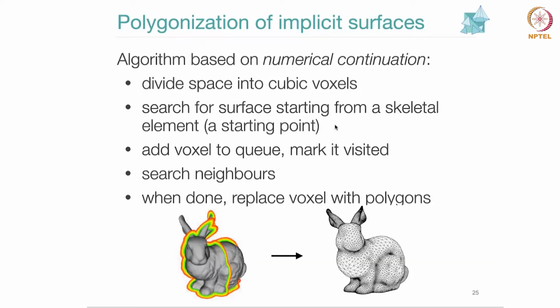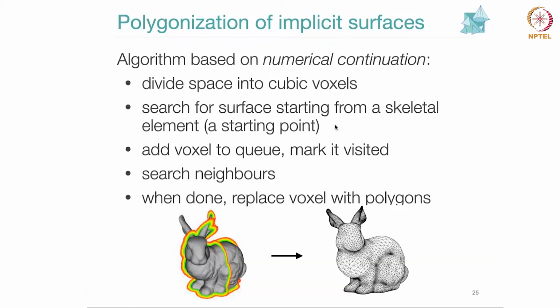That is, you have a cube and the 8 corners of the cube, some of them are on the negative side or on the lesser side of the ISO value. Some of them are on the higher side of the ISO value. Then you select that voxel and then you queue it up for further processing, right? You keep on searching the neighbors of such voxels. And when you are done, you replace those voxels with their polygons.